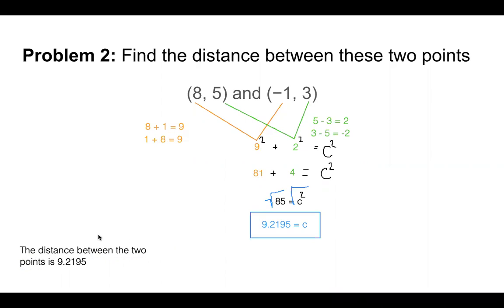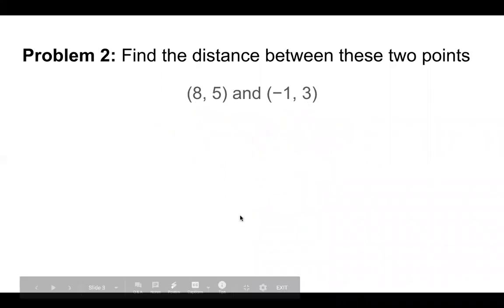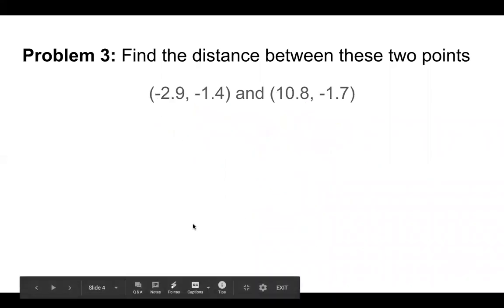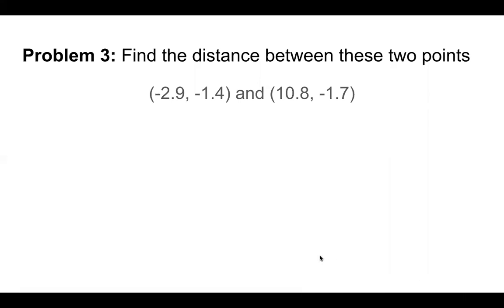Great. Let's move on to our next example. This one's going to be a little bit trickier. In this problem, we have decimals. The process, though, is exactly the same. We're going to start off by matching up our first two numbers.